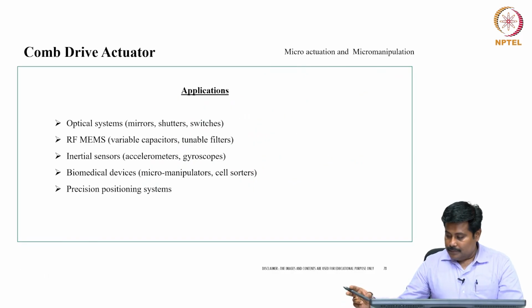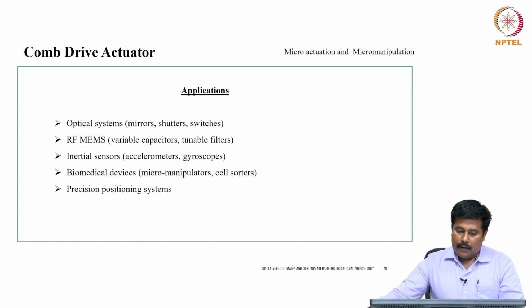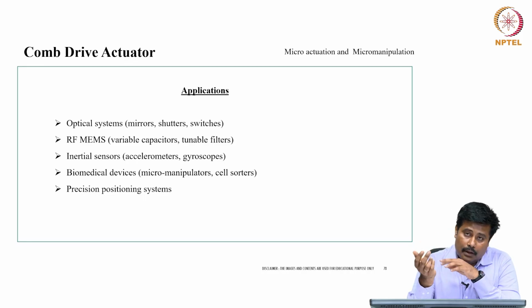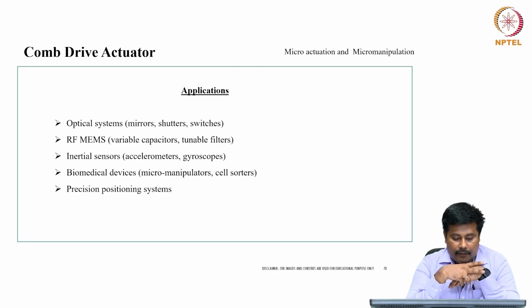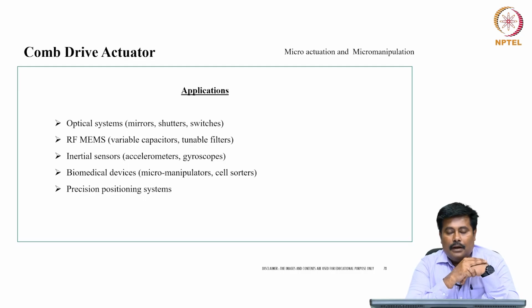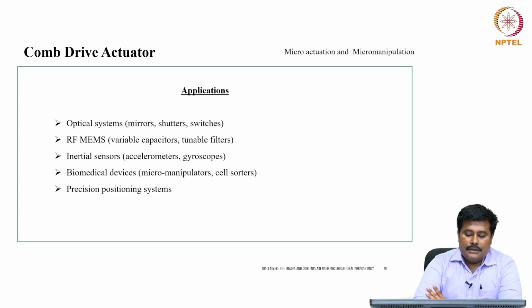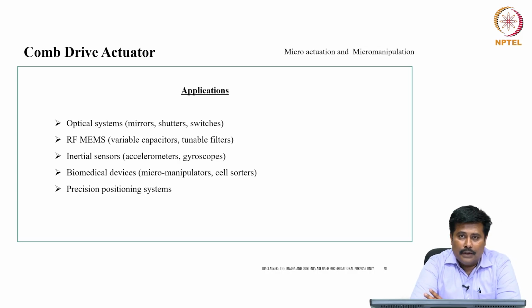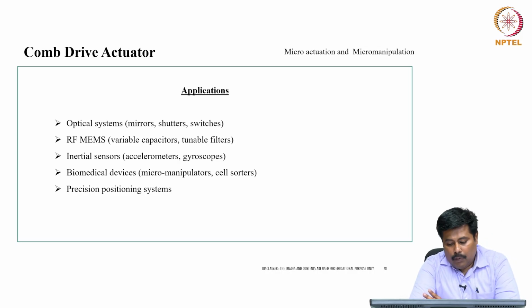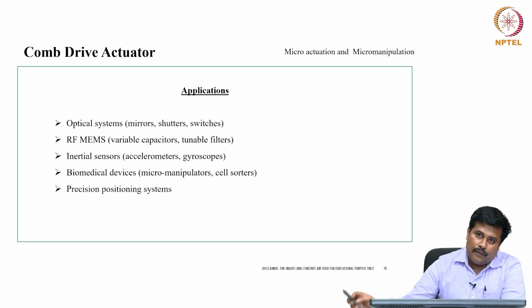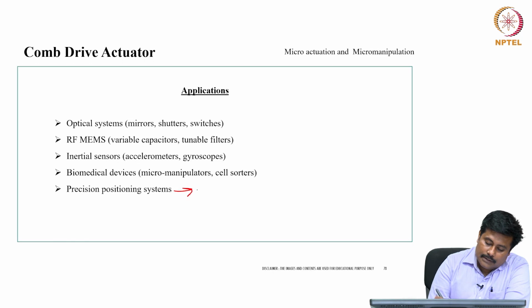From an application perspective, comb drive actuators are effectively used in optical systems, basically for mirror shutters and switches, RF MEMS systems, variable capacitors, and tunable filter applications, and inertial sensors, basically accelerometers, gyroscopes, etc. Biomedical devices including micromanipulators and cell sorters, and it is also used for precision stages, especially in the case of micro robotic systems.